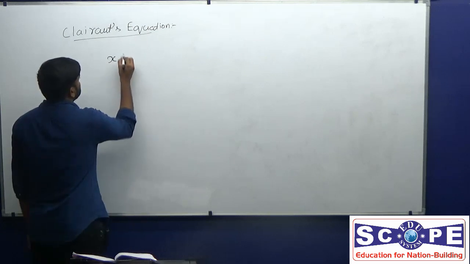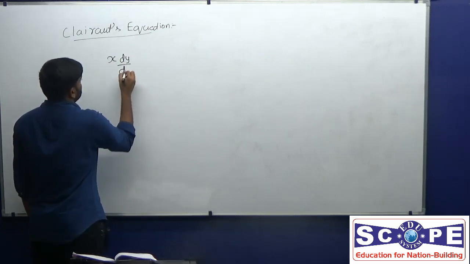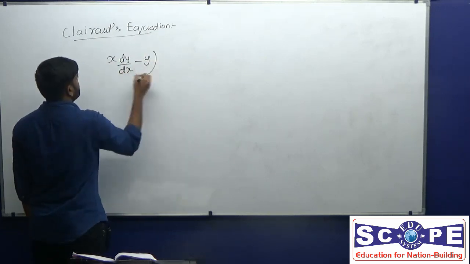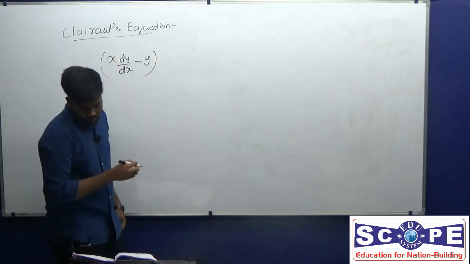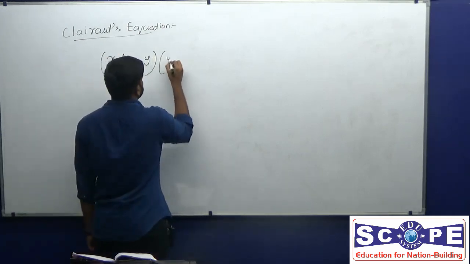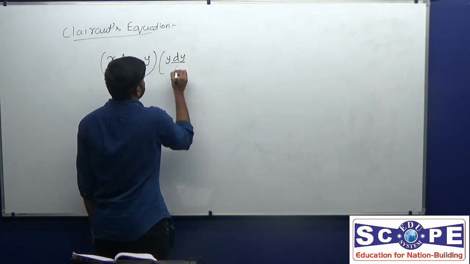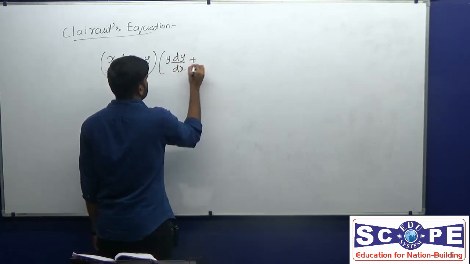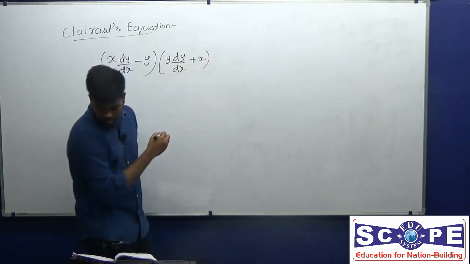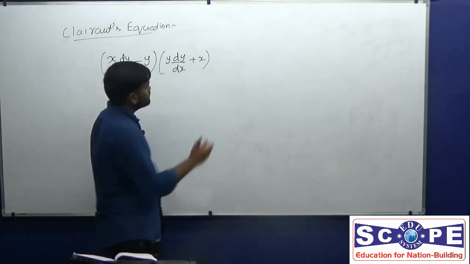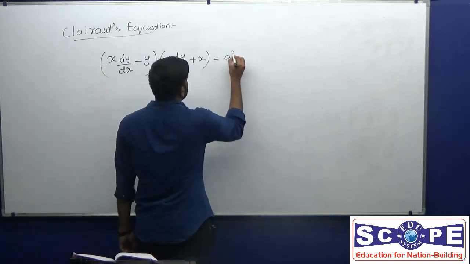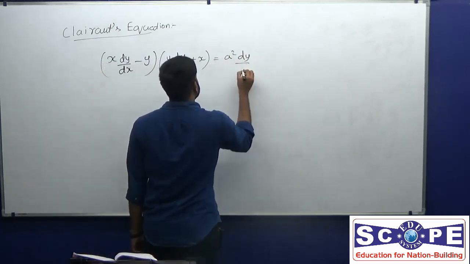x dy by dx minus y into y dy by dx plus x, which is equal to a square dy by dx.